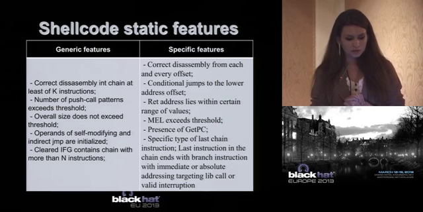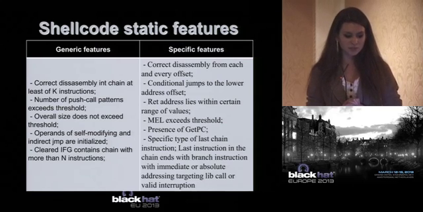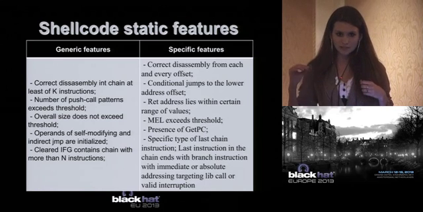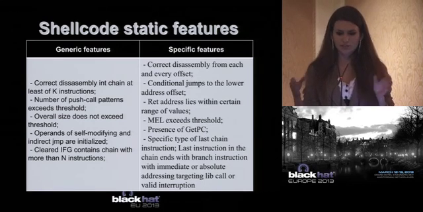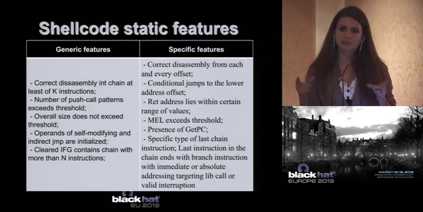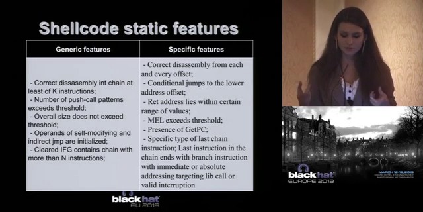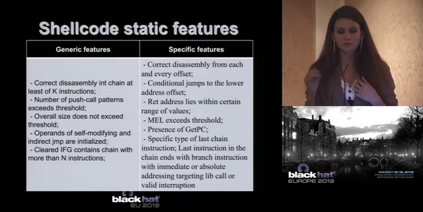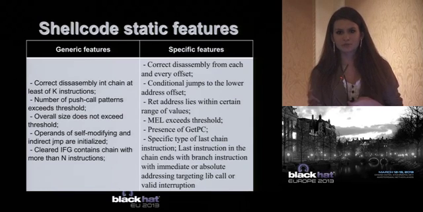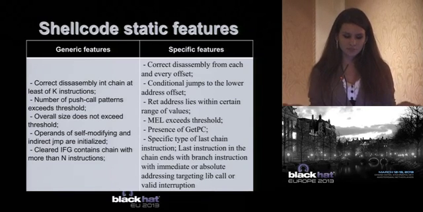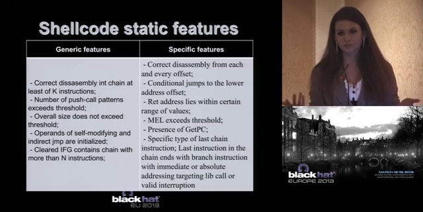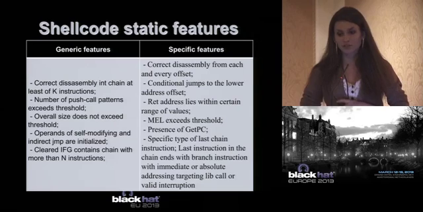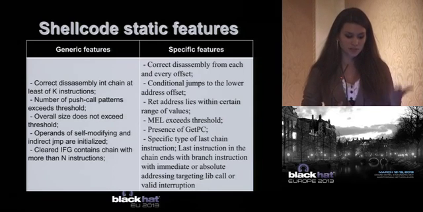Some research papers describe that if a piece of data is disassembled into a chain of some certain number of instructions, it could possibly do something significant. If we have fewer instructions, we could do nothing with them; it's just random instructions. In their work, it was 14 instructions. So we could use such a heuristic.